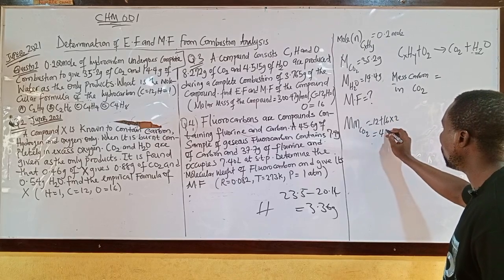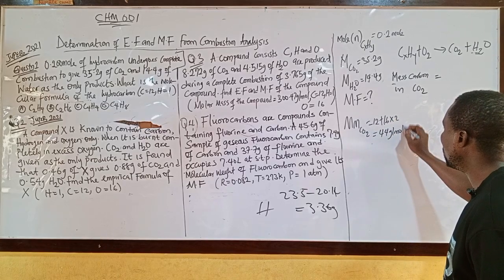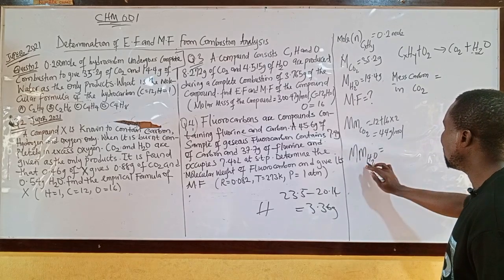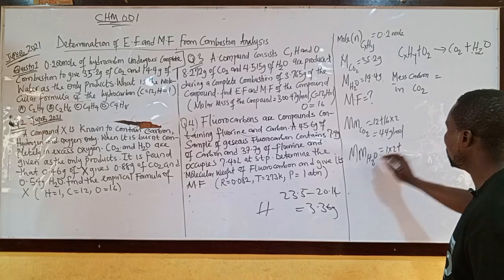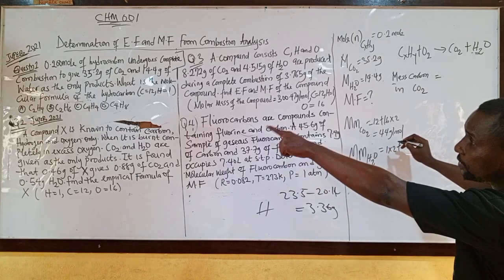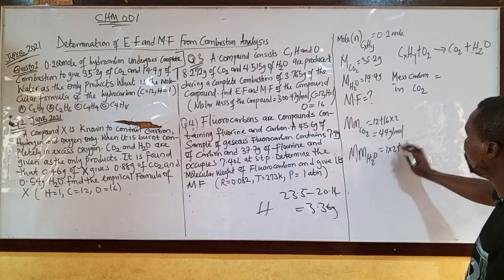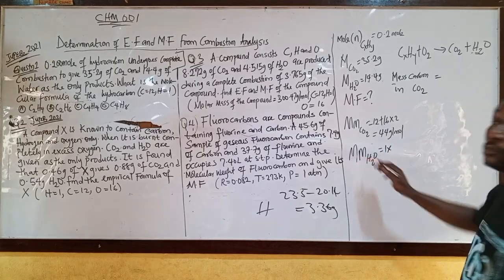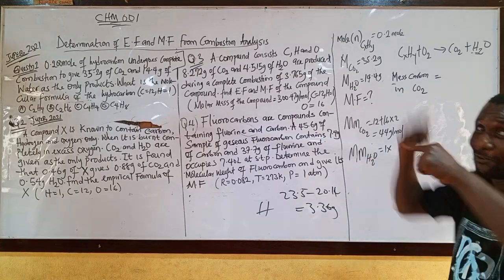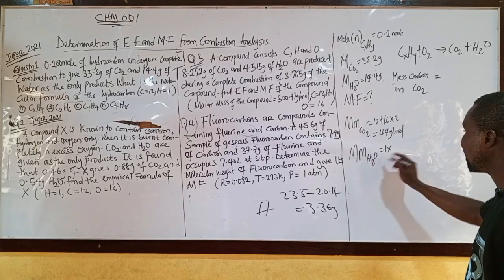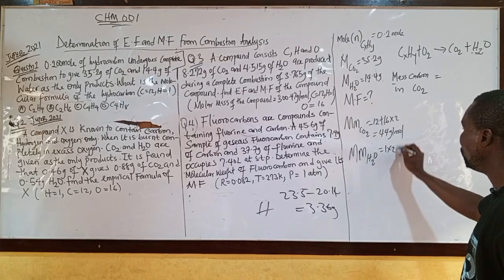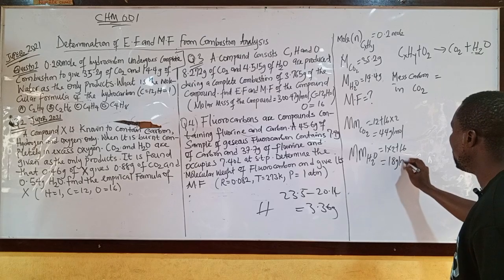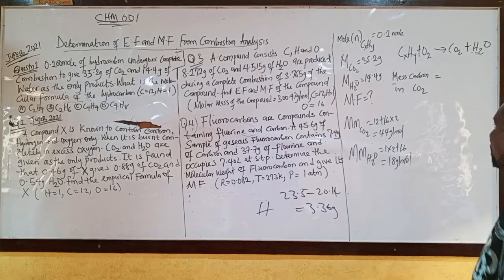The molar mass of CO2 is 44 grams per mole. Now find the molar mass of water. Hydrogen is 1 times 2 plus oxygen 16. The molar mass of water is 18 grams per mole.